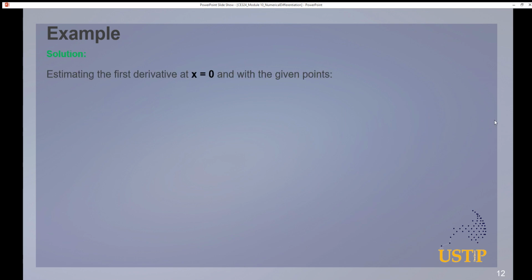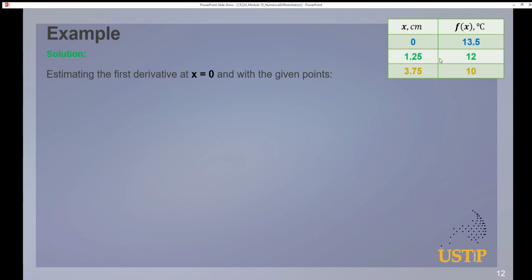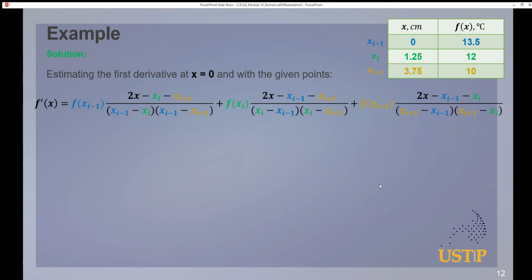For the solution, estimating the first derivative at x equal to 0, we have the temperature data. x i minus 1 is 0, with value 13.5. x i is 1.25, with value 12. x i plus 1 is 3.75, with value 10. It's backward, this is central, this is forward. We have this equation.